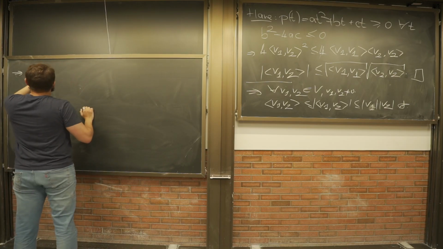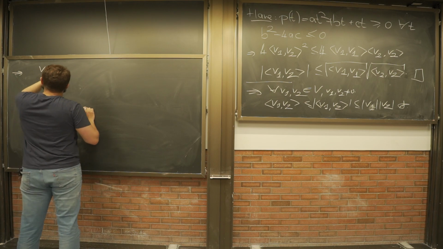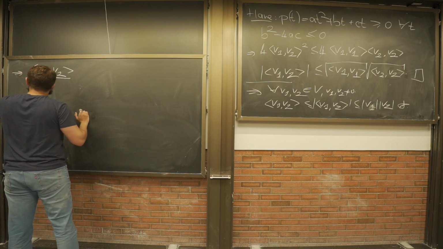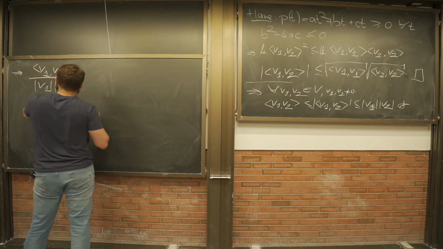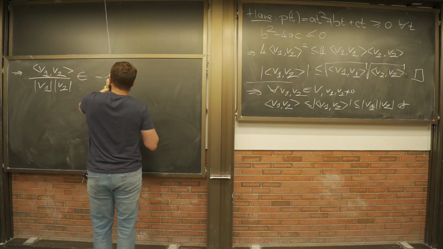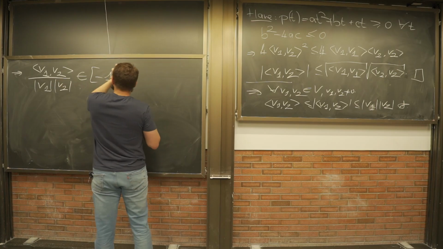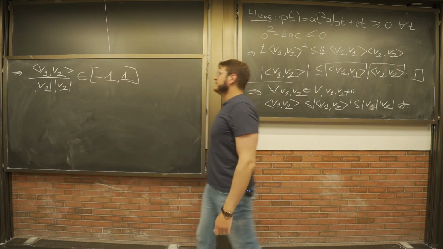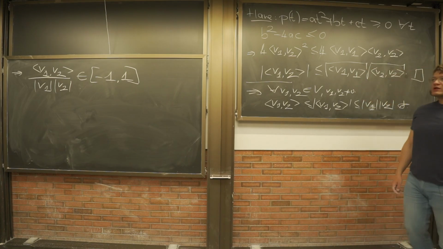So if given any two non-zero vectors, this quantity is between -1 and 1.